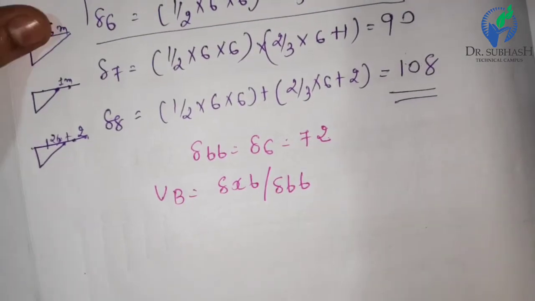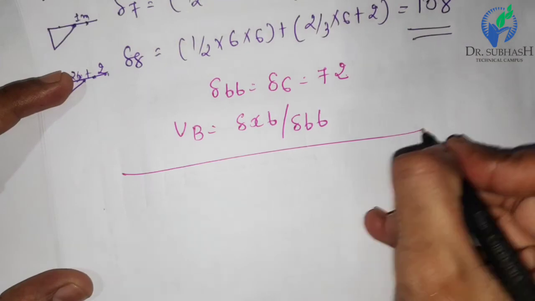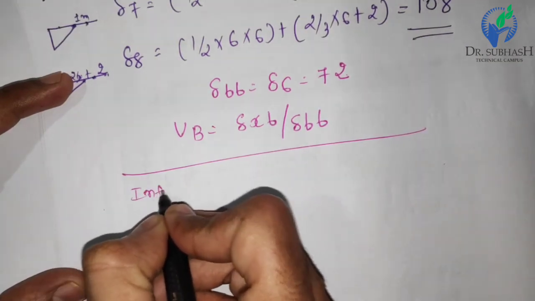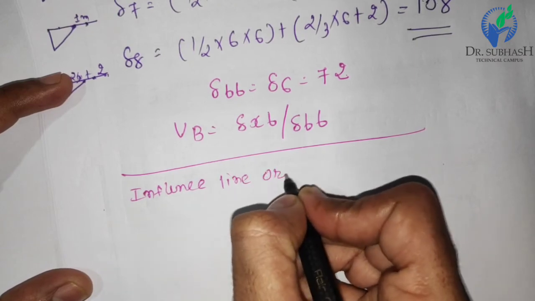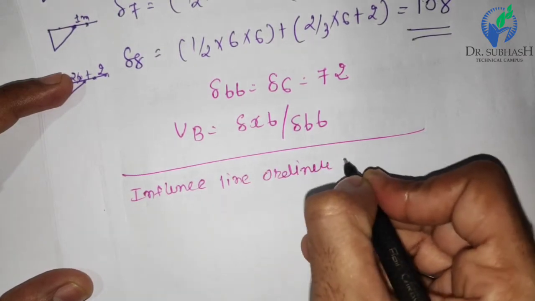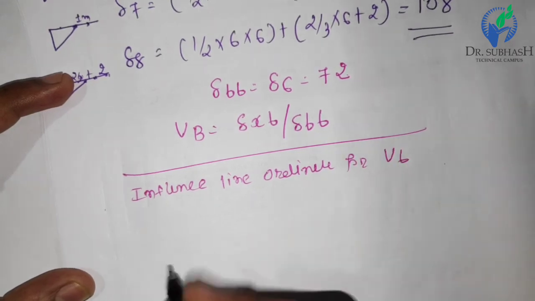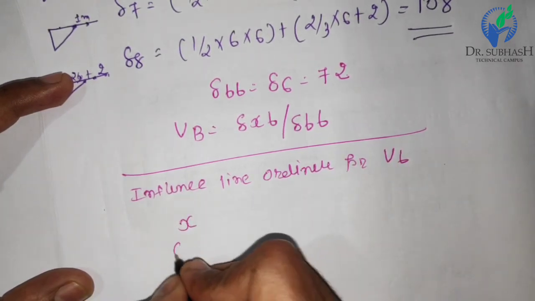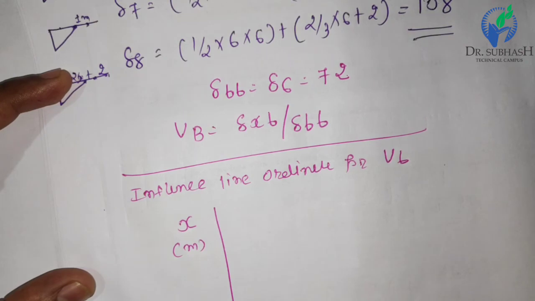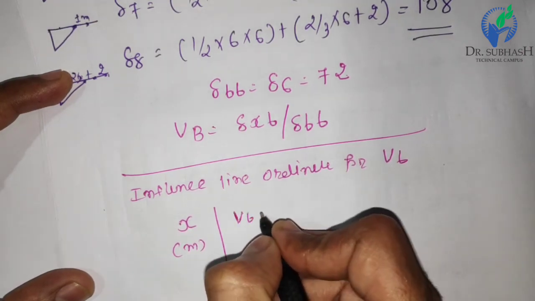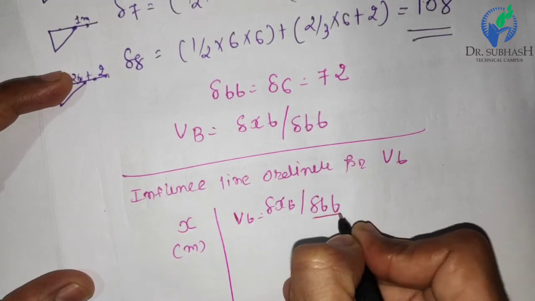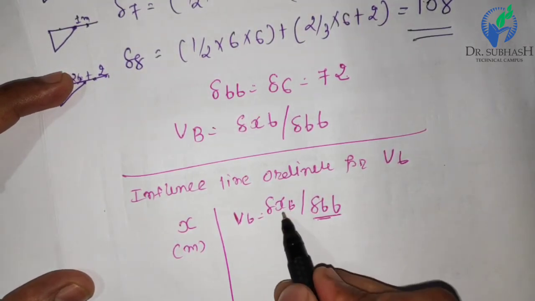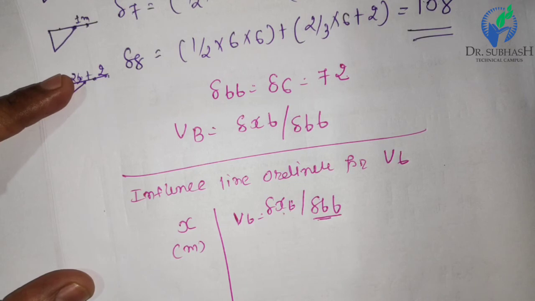So now we find out the influence line ordinates for VB. So for X we will take in meter, and VB equation is delta XB divided by delta BB. So delta BB value is fixed. Delta X, it means you have to take delta 1, 2, 3 like that.